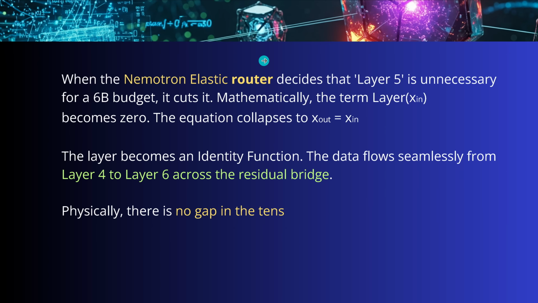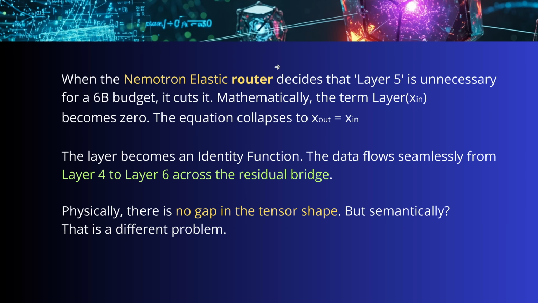So when the Nemotron elastic router, whatever you like, decides that, for example, layer 5 is unnecessary, if you only have a small NVIDIA GPU at home or a data center is at its maximum performance, peak performance, it needs to reduce the model. It can do this because it just decides to cut the layer 5 of the model. Mathematically, the layer becomes simply 0.